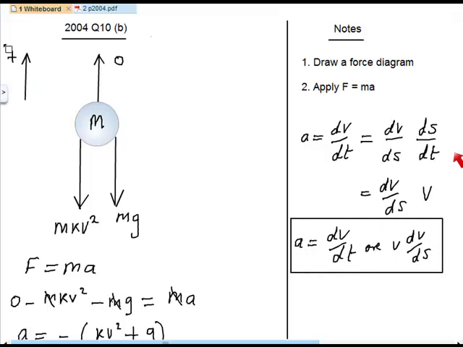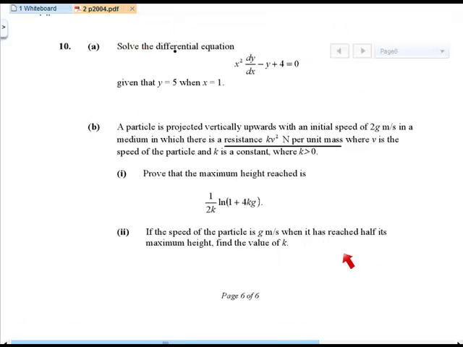And at this stage in the question, we always have to decide which of these two to substitute in for acceleration in our formula. And the way you know is by going back to the question and taking note of what variables are mentioned. And here we see that they mention height, which in our notation is s.